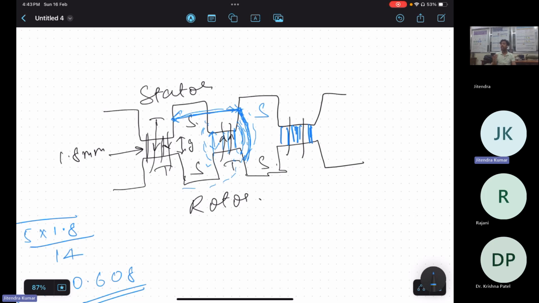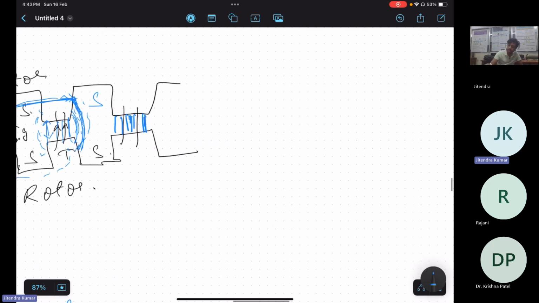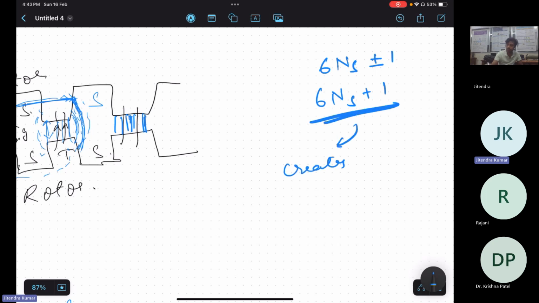The seventh order harmonic creates a force in the opposite direction of the fundamental. The dominant harmonics are 6ns plus or minus 1, and 6ns plus 1 creates a force in the opposite direction of the fundamental.